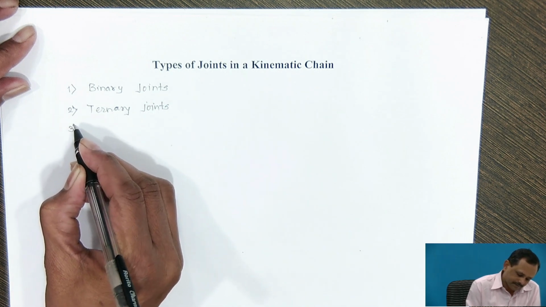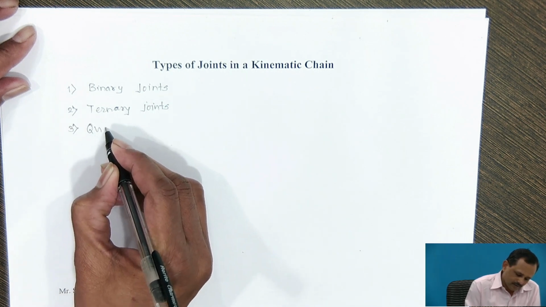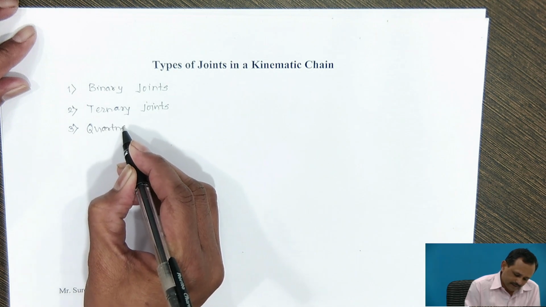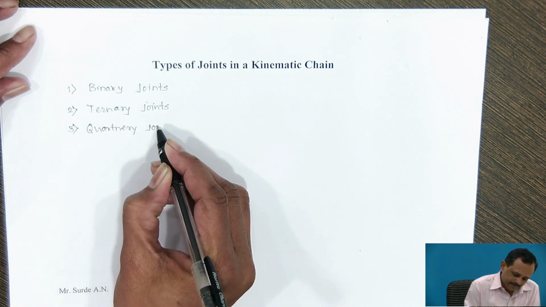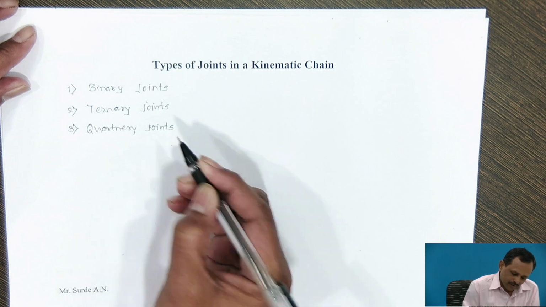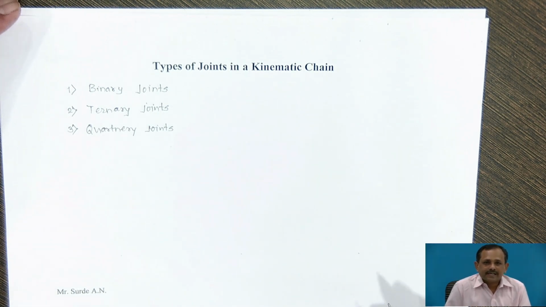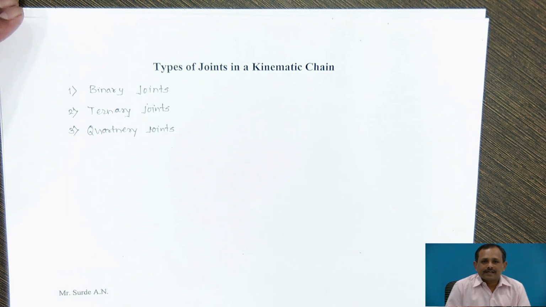And third, quaternary joints. Based upon these types of joints, we can determine the nature of a chain, whether it is a completely constrained chain or an unconstrained chain.